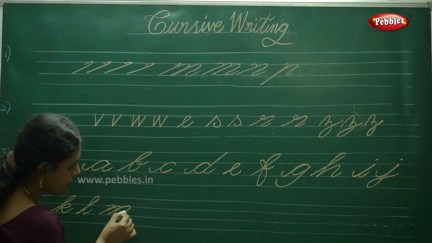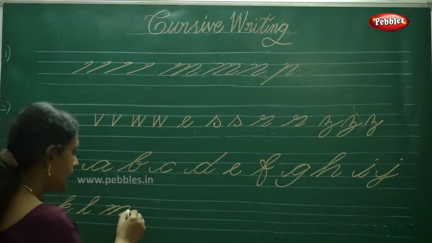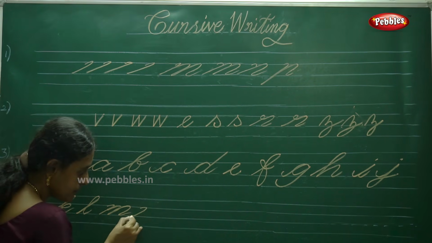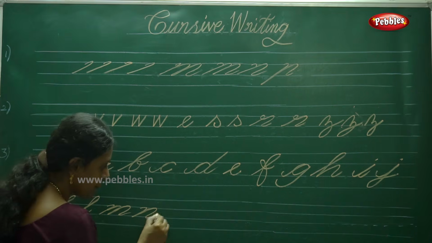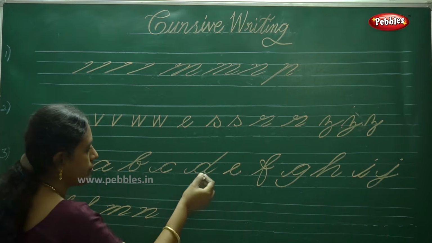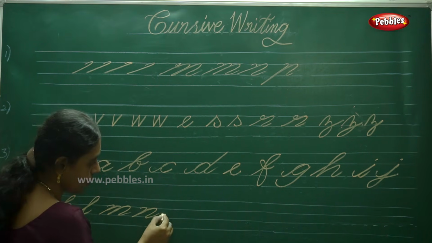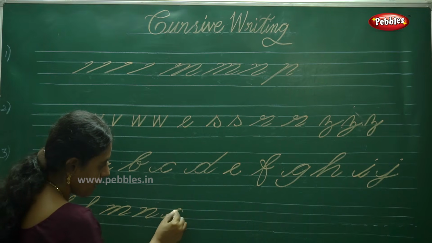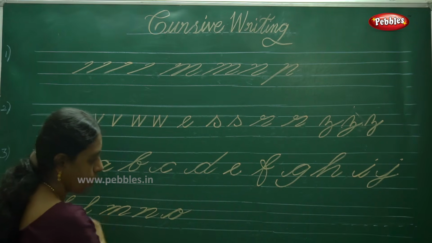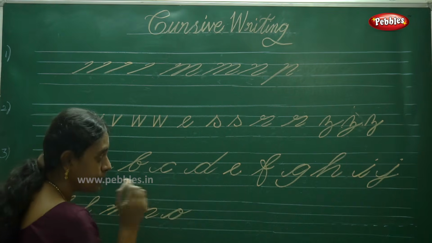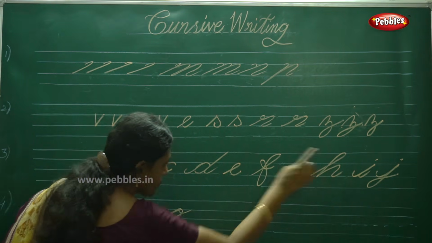Remember it. M and N. Next N, same stroke. M, N. Then O, from this A series stroke. So O. M, N, O. Okay, then P. P comes from the tick stroke.